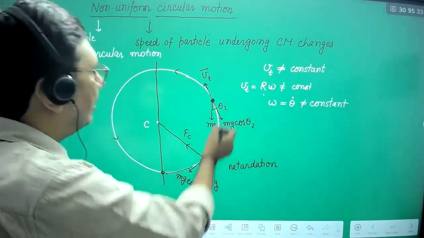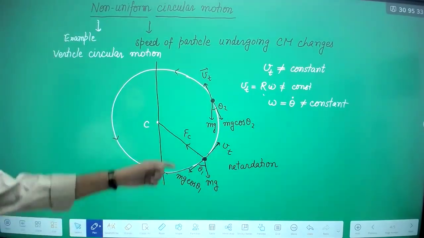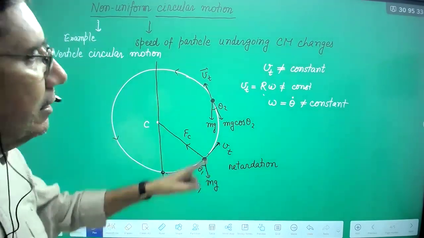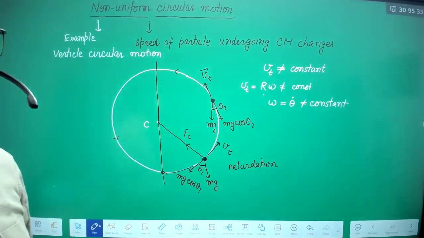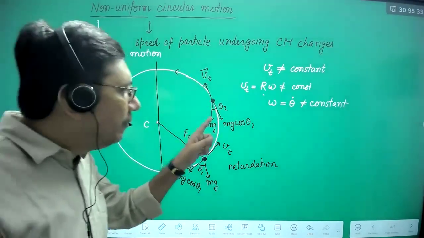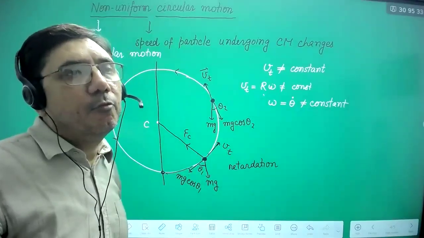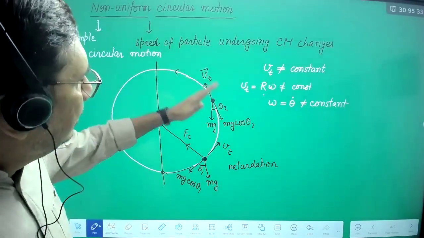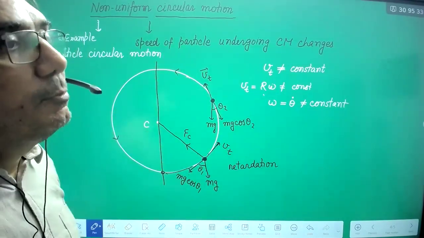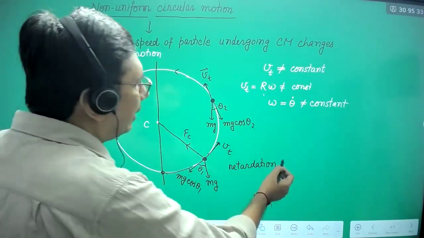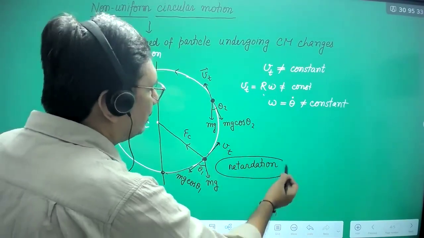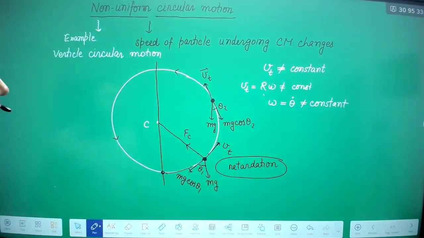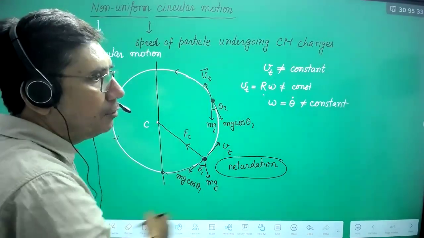Throughout this half, you will find that a component of the weight is always acting opposite to the velocity. So weight is opposing this motion in the upward direction in this half of the journey. That's why in this region, speed is going to decrease. This is a retardation zone, speed is going to decrease. Okay?